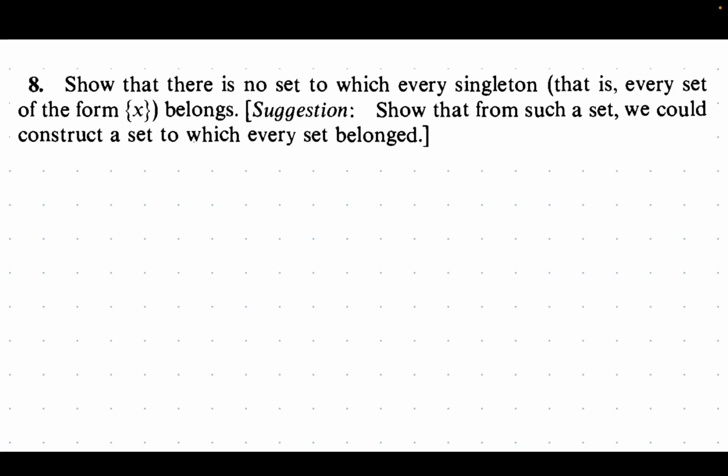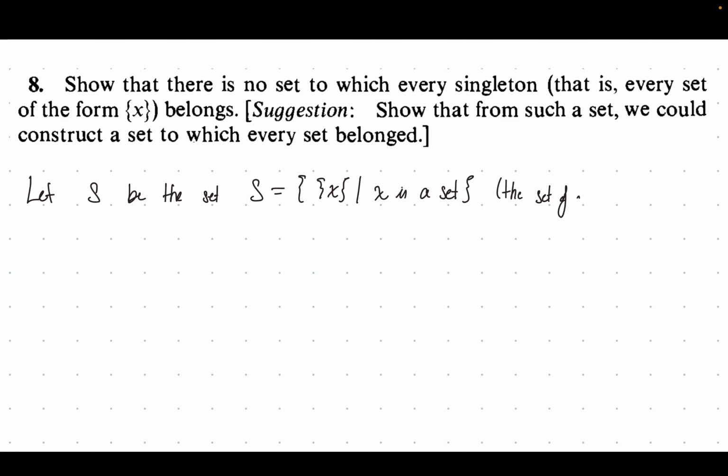So I'm going to say, let S be the set S equal to the set containing X such that X is a set. So, in other words, the set of all singletons.